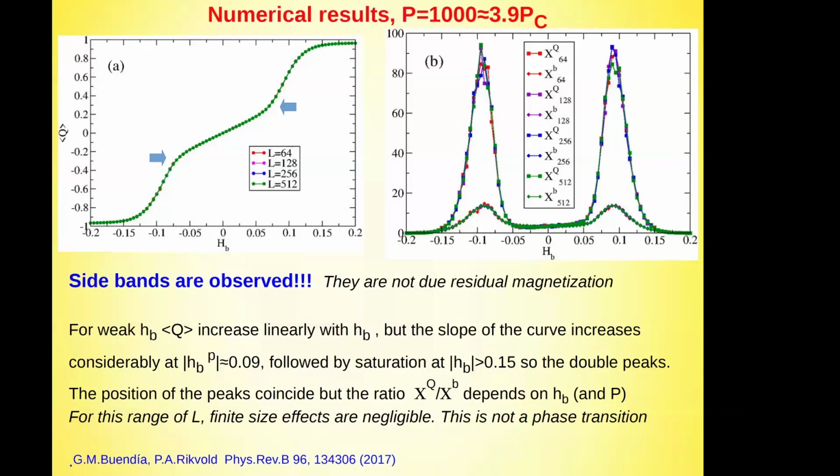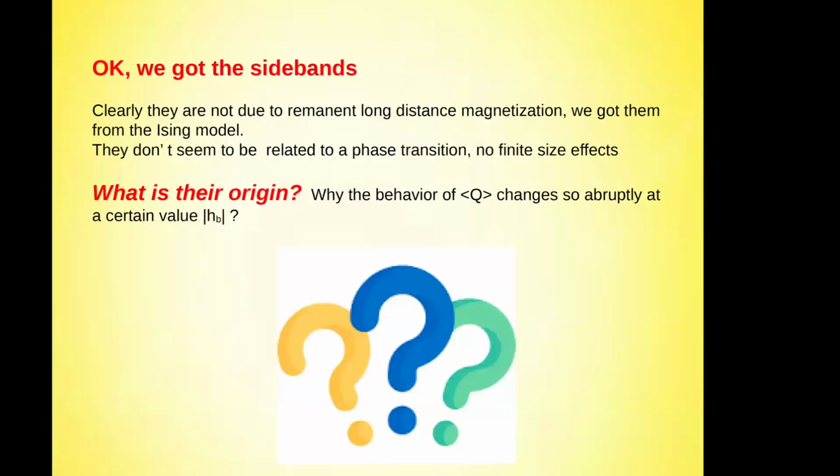One interesting thing is that finite-size effects are negligible. We forgot to say that we are talking about square lattices. We went from 64 to 512, and we have some results for 1024. We don't see finite-size effects, which indicates that this is not a phase transition.